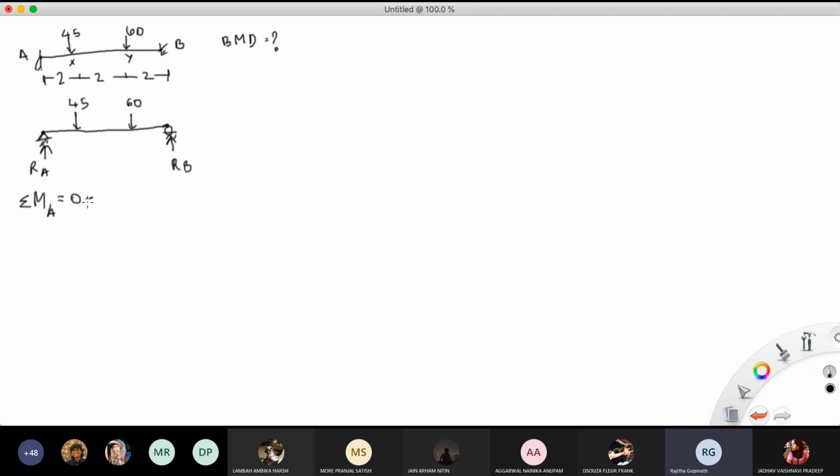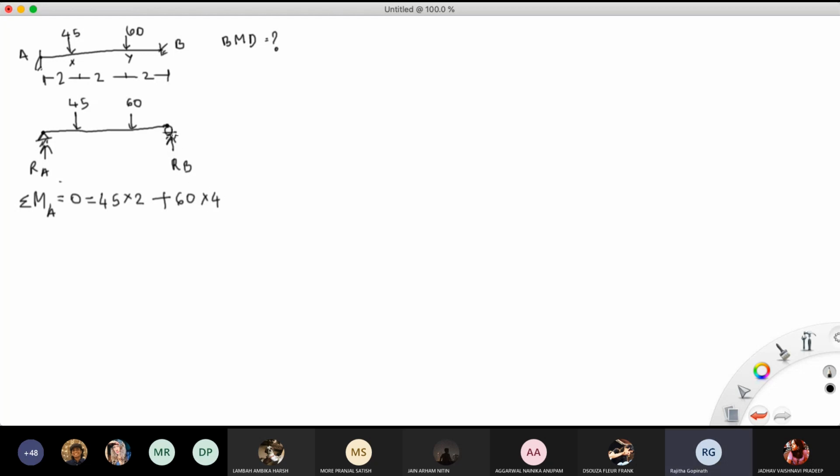That is equal to 45 into 2, making a clockwise rotation, so I simply write 45 into 2. Plus 60 into 4, which is also a clockwise rotation.